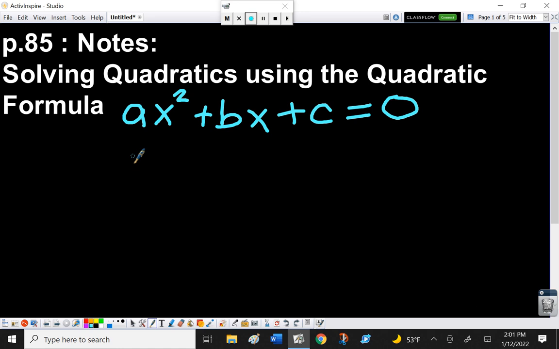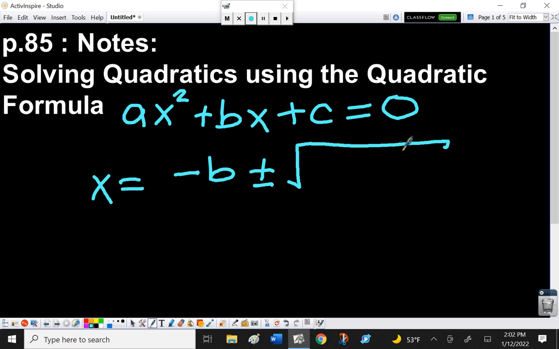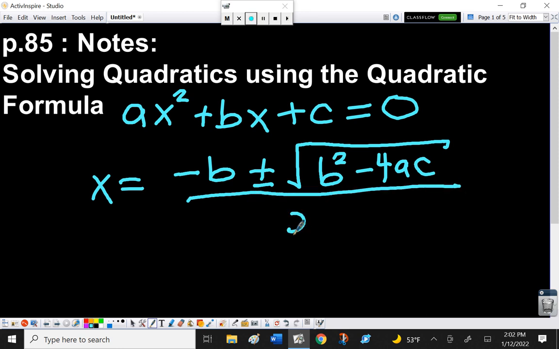So let me start this formula by saying we're going to have x equal to, now I'm going to take that b, but I'm going to say negative b, so the opposite of b, plus or minus, if you can remember that plus or minus we had, the square root of b squared minus 4 times a times c. All of that's going to be divided by 2a.